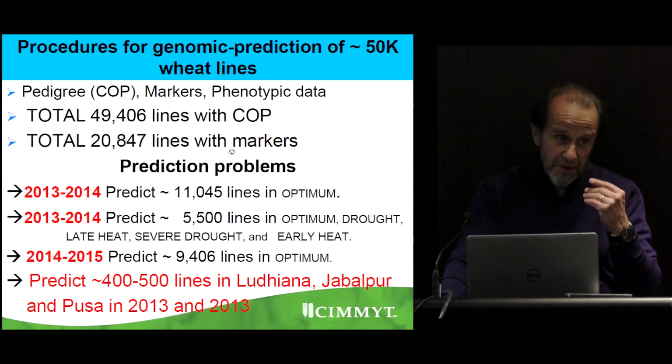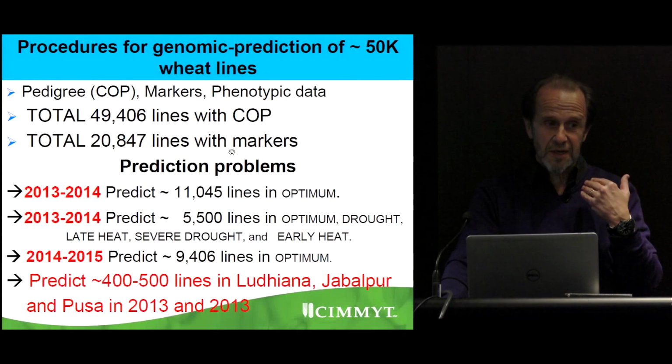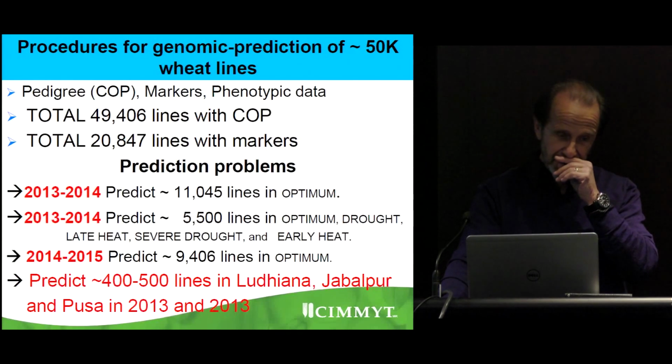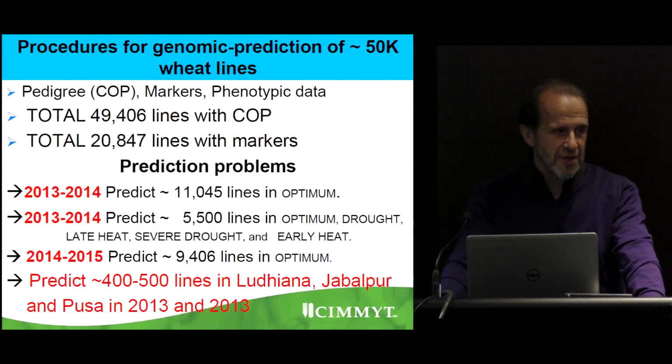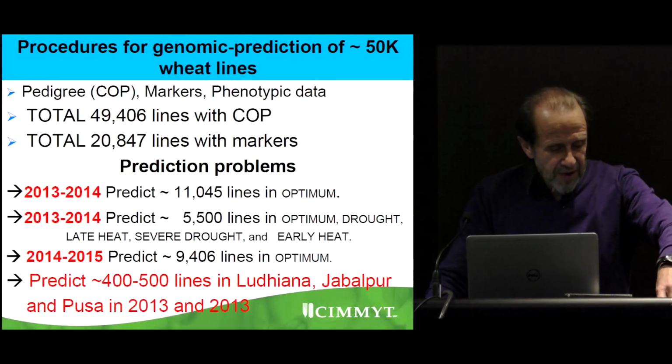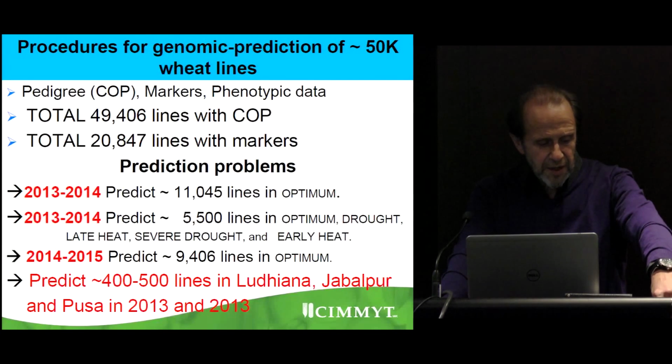The main idea of the project is to be able to predict lines in India, but also lines that are in the international testing trials in different mega environments, at least 2 optimal mega environments, ME1 and ME4.